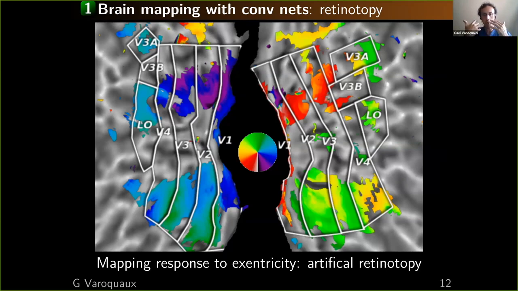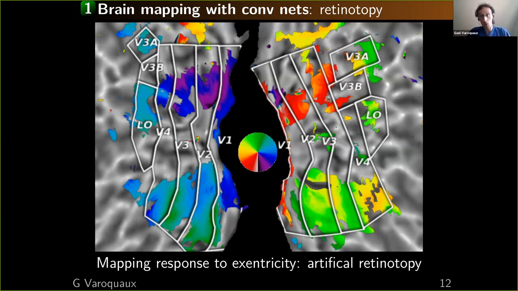Once we have this, we can start probing our model. For instance, doing a standard retinotopy analysis, but on the predicted activity and not on recorded activity. If we do this, we find fairly classic retinotopic maps that have been built from our model of the response of the brain to natural images.